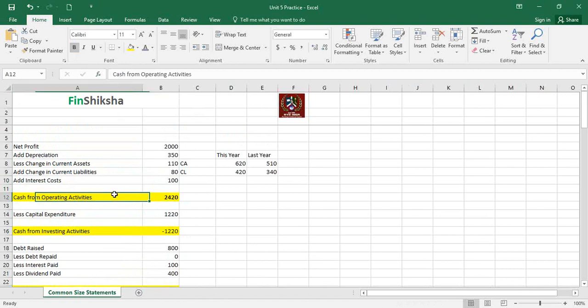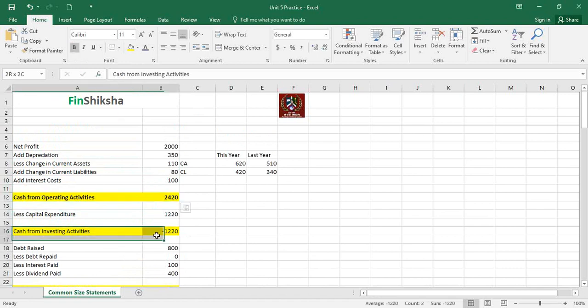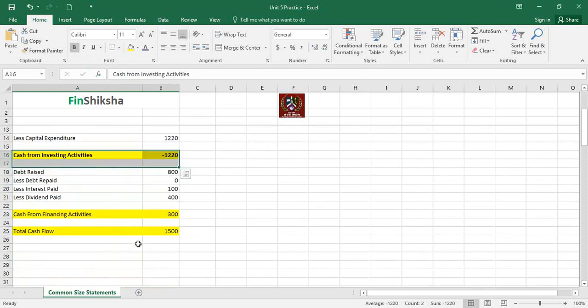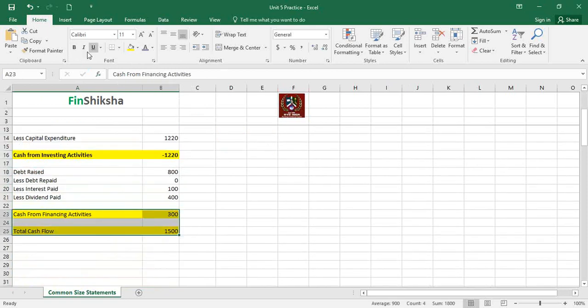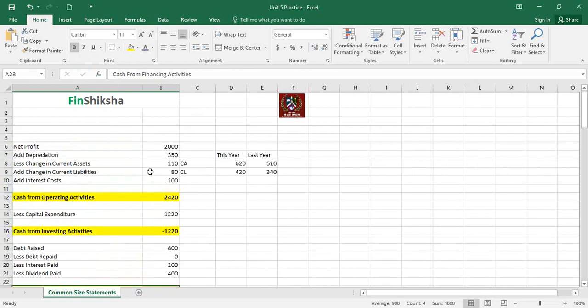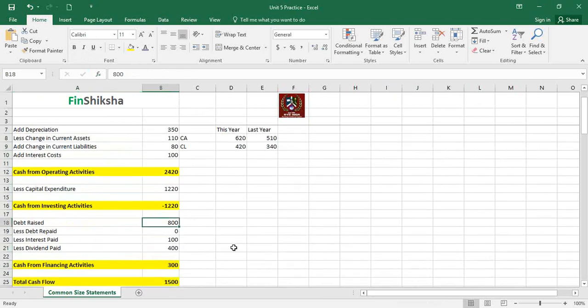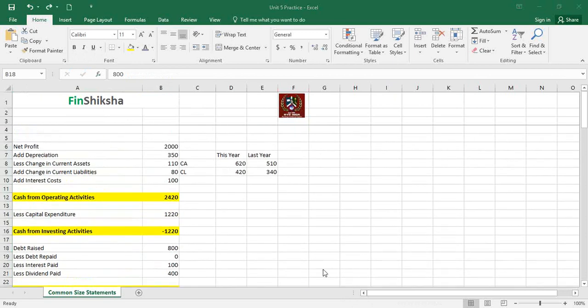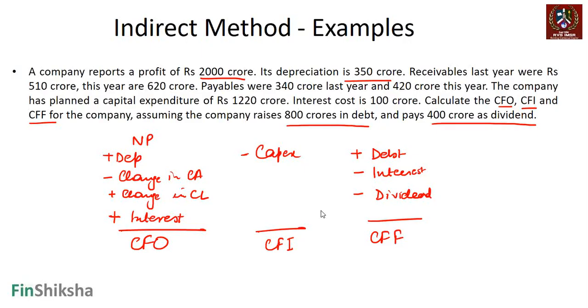That's how we solve for any such question and arrive at the final numbers. Does the company need to raise this 800 crore? Even if we remove this, they don't need to raise it because they are generating enough cash. We can play around with these numbers to understand how we go about putting this into context, right?